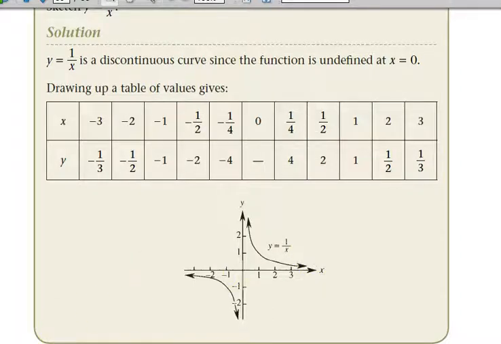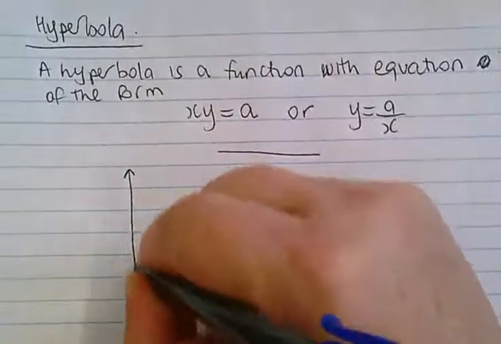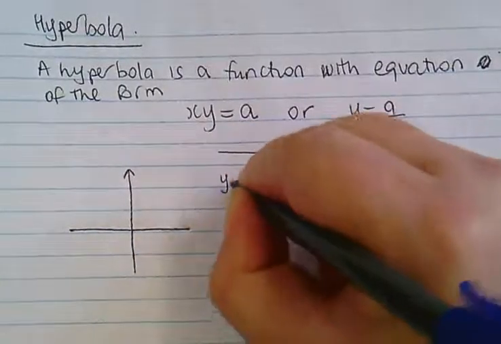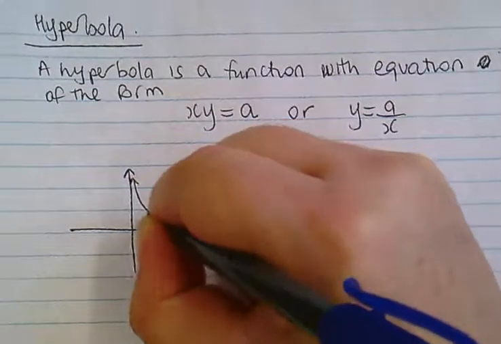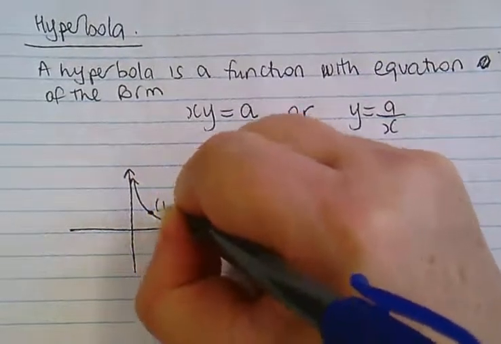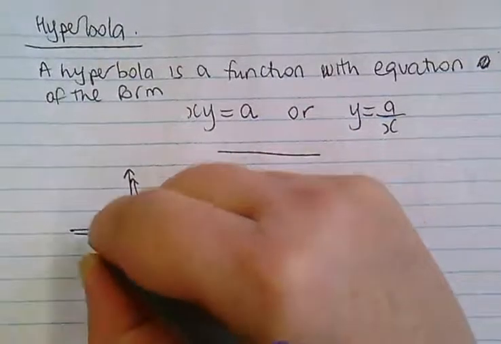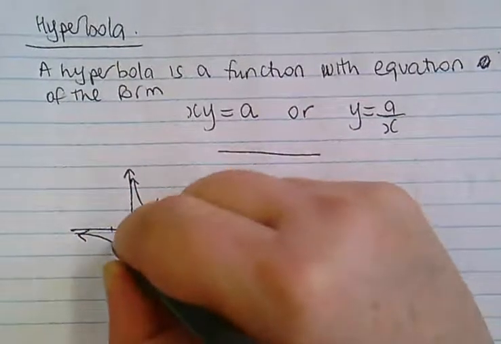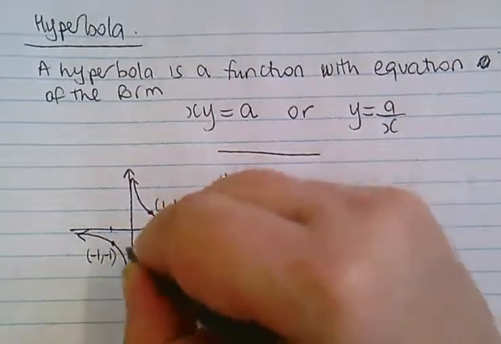So you would not be substituting in values, all right? You need to know the general shape. So just looking at the curve y equals 1 on x, it looks like this. When you're sketching a graph, you can't just draw the sketch with no points indicated. So I know, for example, that that's the point (1, 1), and that this is the point (-1, -1).